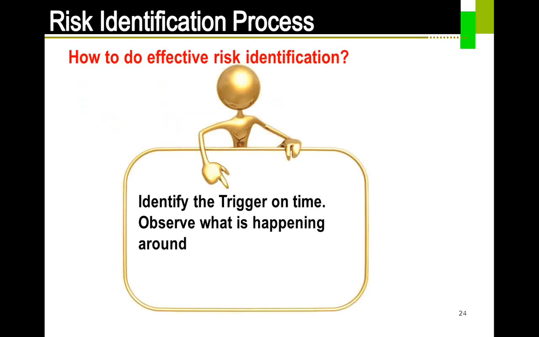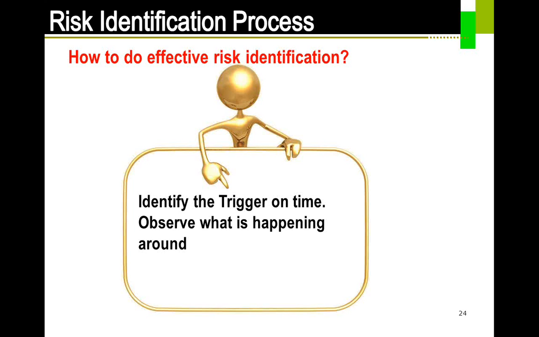This is one more tip to do effective risk identification. It is important that you identify the trigger on time. What I mean by this is, suppose you're executing a 52-week project, and till the 16th week it all went very well.